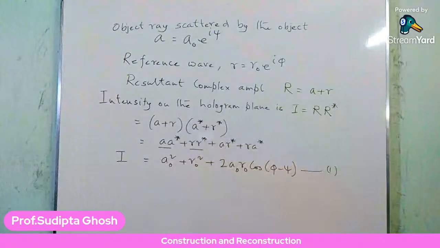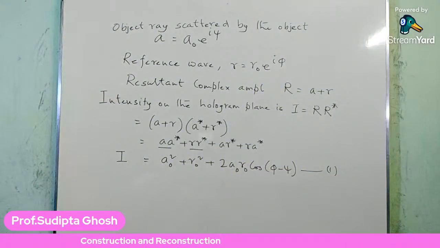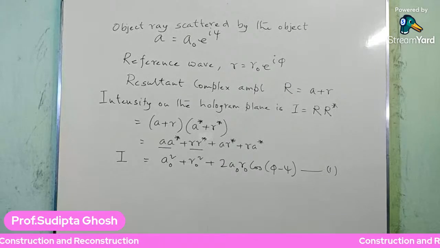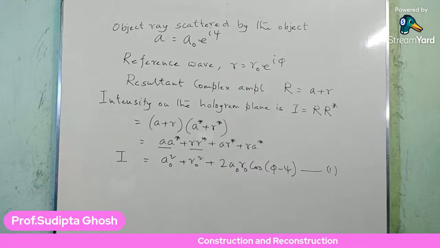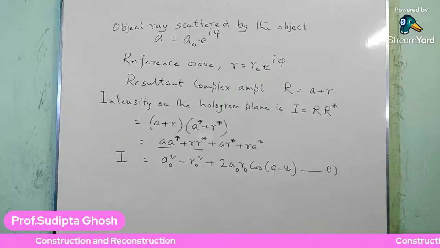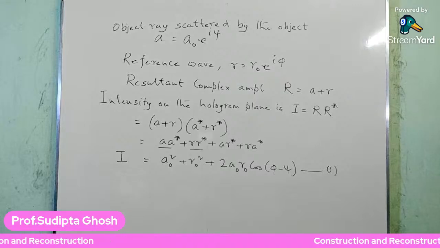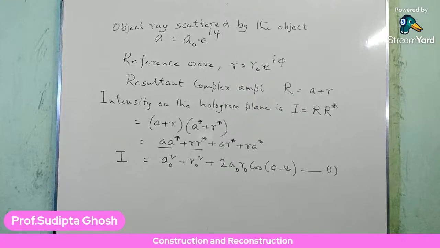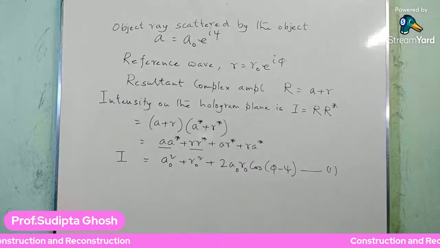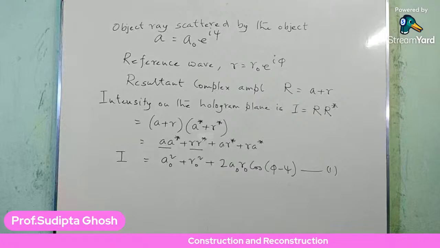Okay, now let's move on to reconstruction of the hologram. As we know, for the reconstruction process a reconstruction wave is required. And what is the reconstruction wave? The reconstruction wave is nothing but a wave of the same wavelength as the original beam. Now I am taking the original reference beam.